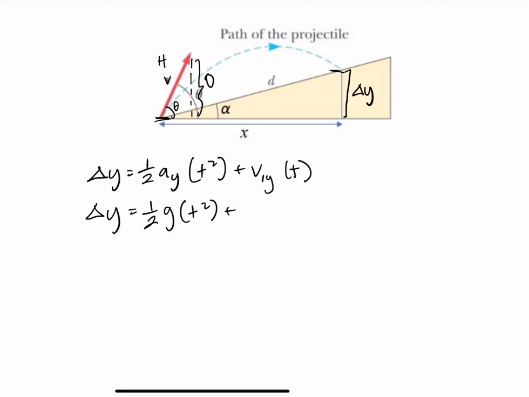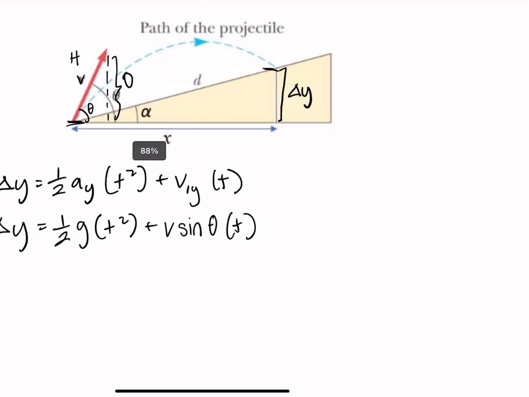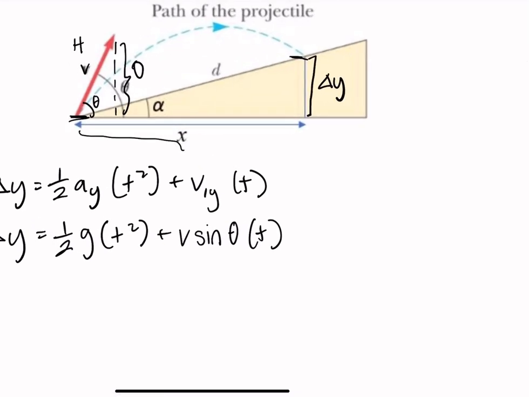So we can solve for v_iy by expanding it to v sine, because sine is equal to opposite over hypotenuse, of theta times t.